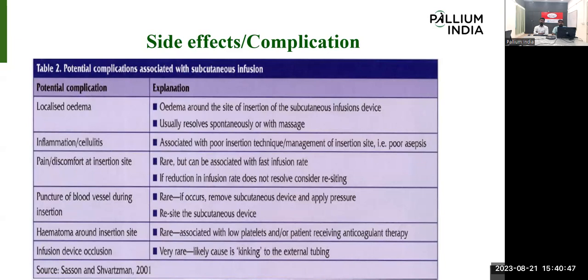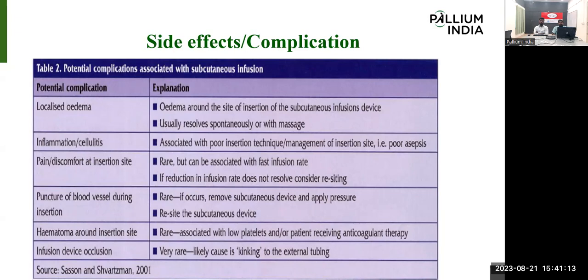If the same situation repeats and the edema is increasing, we can expect poor fluid absorption in the selected subcutaneous space. Then we need to change the site. Then inflammation, infection, or cellulitis, which I already mentioned as a disadvantage. How does it happen? I already told you during the procedure steps: after cleaning, don't touch the cleaned space again with our fingers.